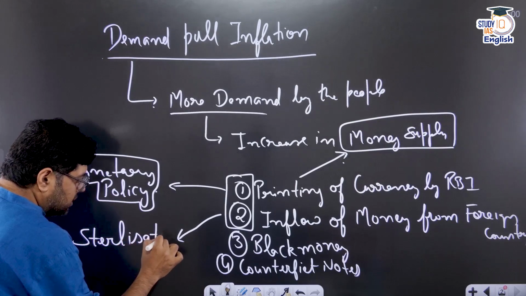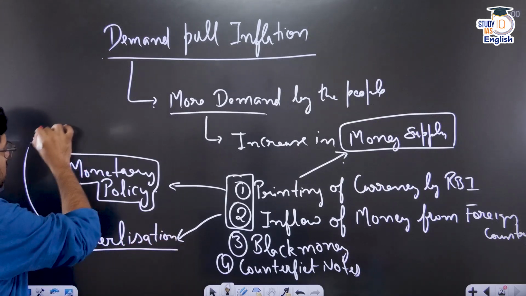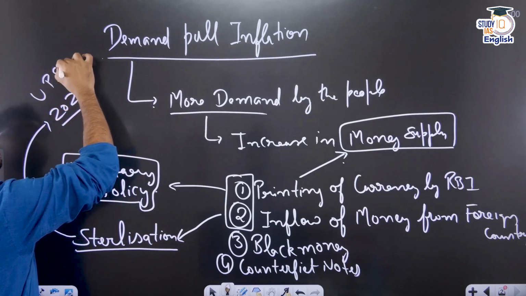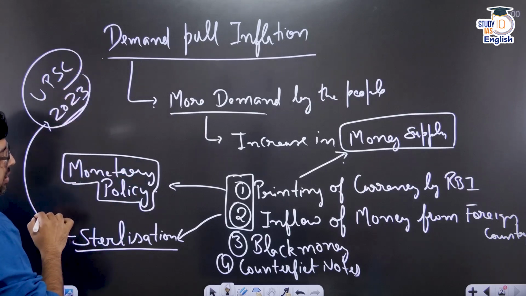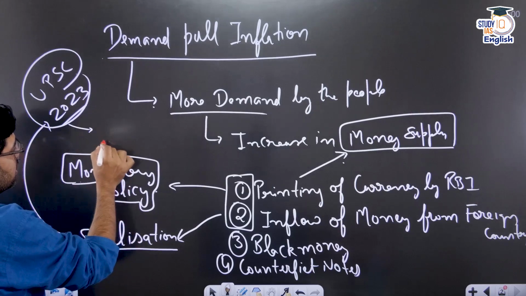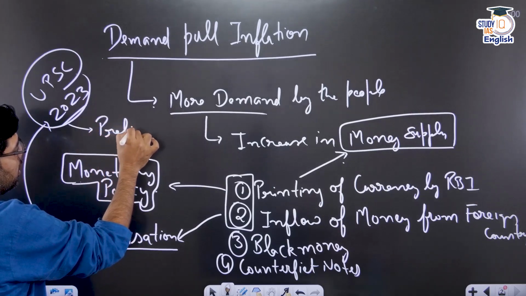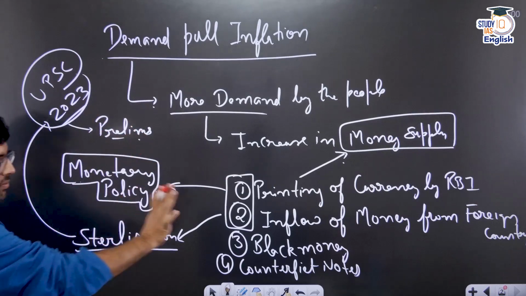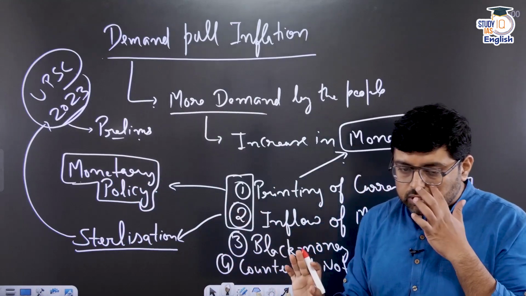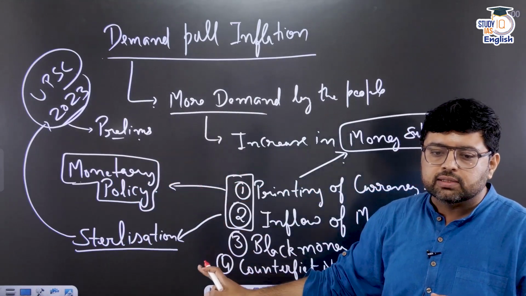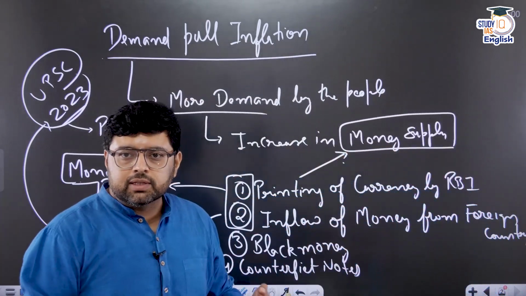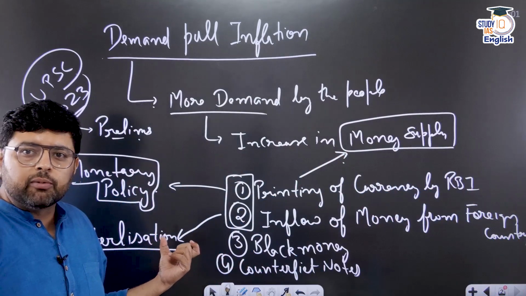If you see the UPSC 2023 prelims question, they asked what you mean by sterilization. This sterilization is with respect to foreign currency and it works similar to open market operation. Although when we cover the BOP chapter in this lecture series, I will talk in detail about sterilization.